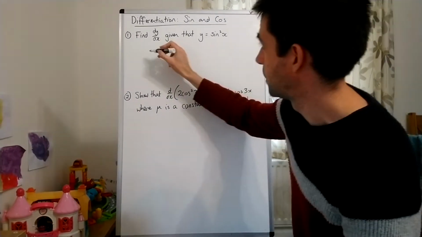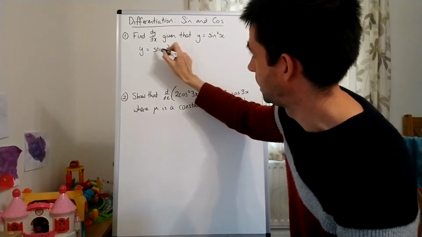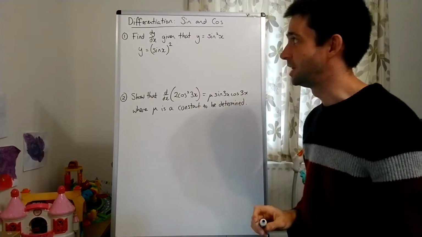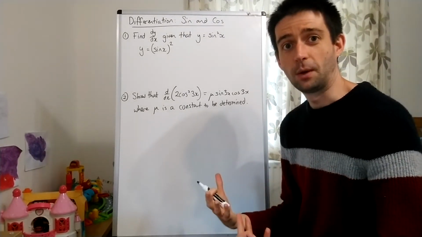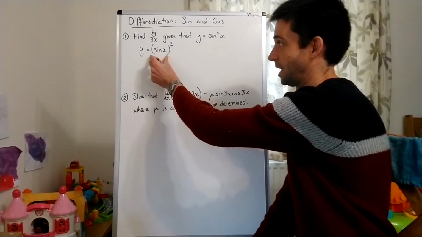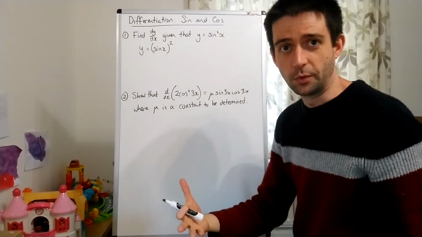Well, sine squared x means sine of x squared. So I'm going to write it as sine of x squared in a bracket. And looking at it like that, you might have a bit more of an idea of how we differentiate it, because I have a function in a bracket with a power. It means I'm cracking out the chain rule.